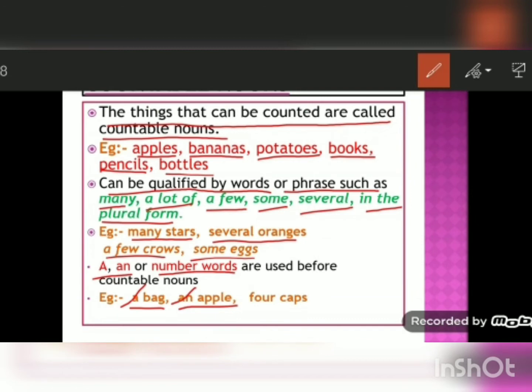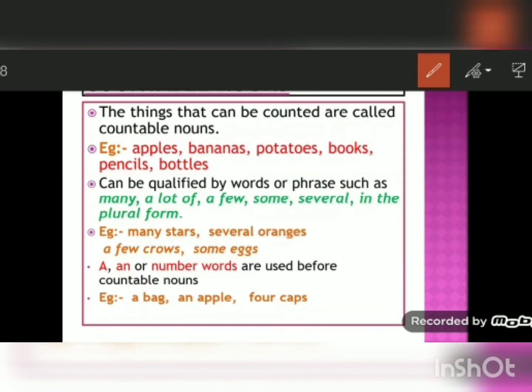An is an article. 4 caps. So here 4 is the number word which we have used, or we can say 3 pencils. So in this way we can use these articles or numbers before the countable noun.